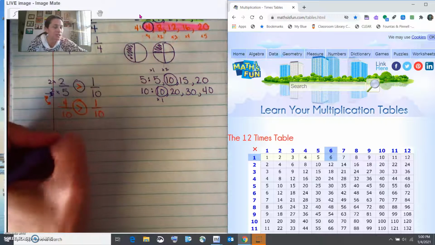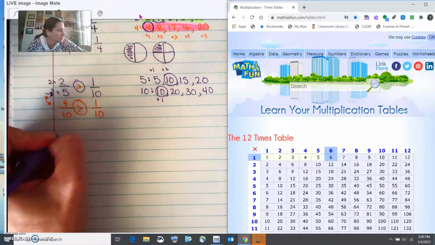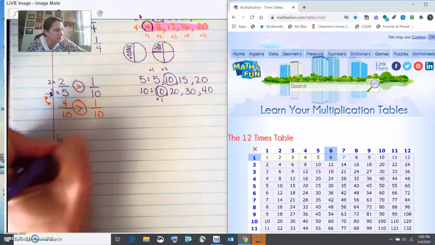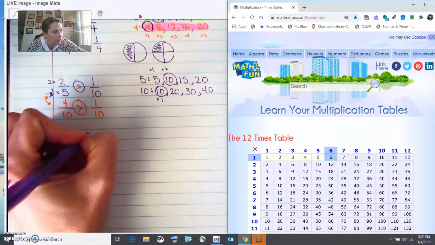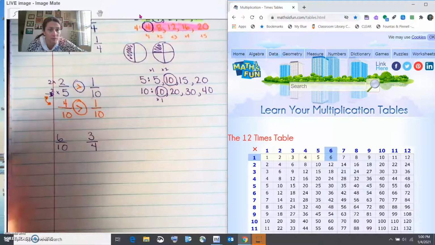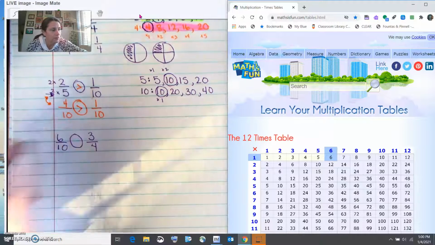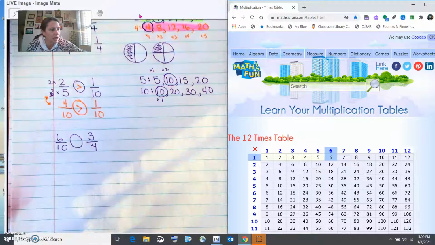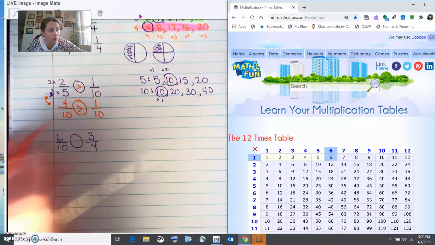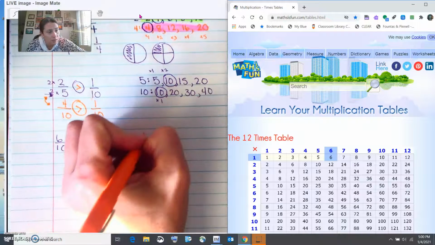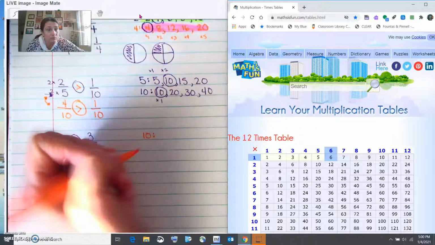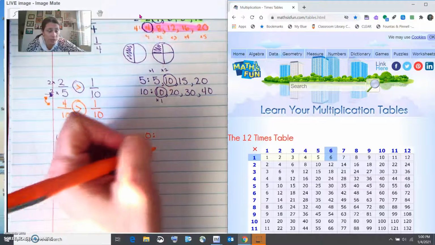This one we're going to have to change both of them. So this one is 6/10 and 3/4. All right, so we have to first look at our bottom number. So we're going to do tens. Skip counting by tens, we don't need our multiplication chart for that.